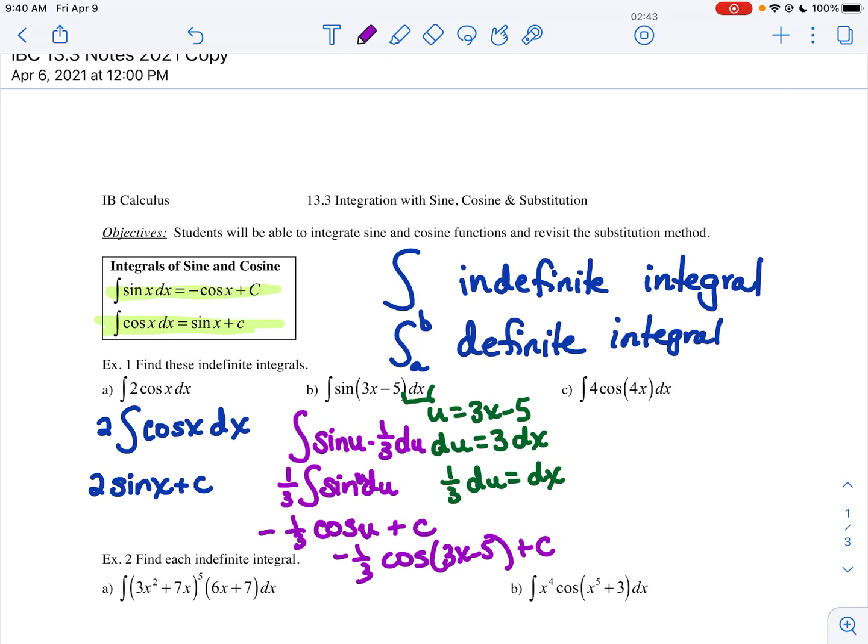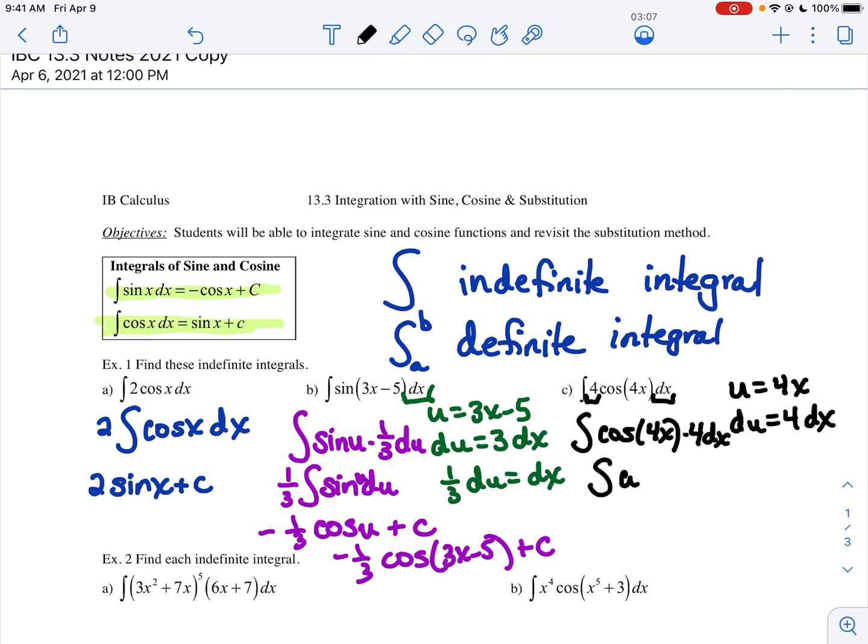All right, in part C, do I need u substitution? Yes, you do. U is going to equal 4x. du is 4 dx. Now this time, do you see, here's my 4 dx. I'm going to rewrite this. So this is going to go cosine u du.